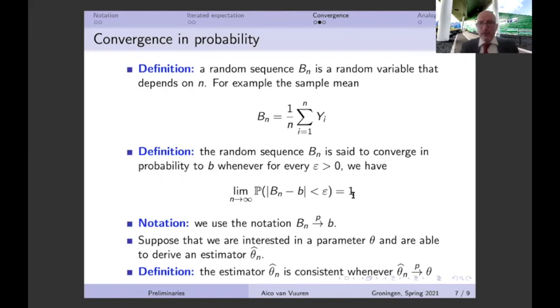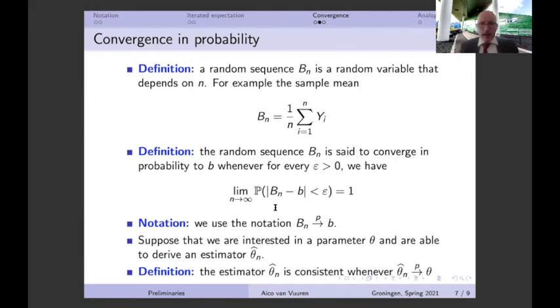Then we can use our knowledge about non-random sequences, and only need to show that this non-random sequence converges. That means that if n goes to infinity, the probability that Bn minus B is smaller than epsilon goes to 1. So then we get something that becomes non-random.